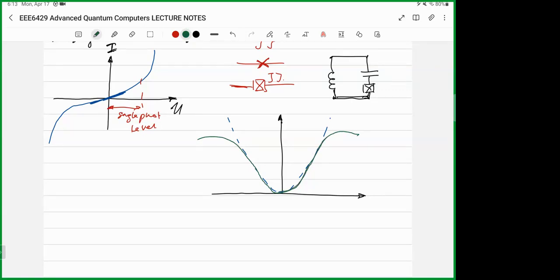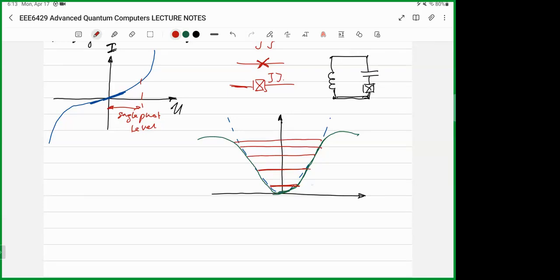So this is the new dispersion of the energy spectrum, and due to this unharmonicity, the energy levels of this resonator become non-equidistant.